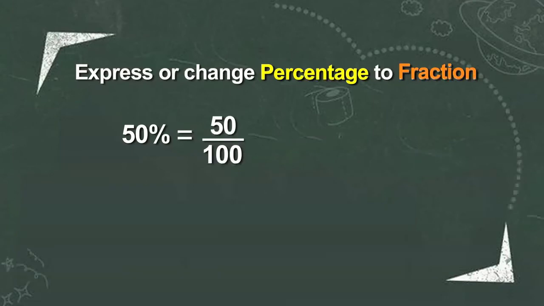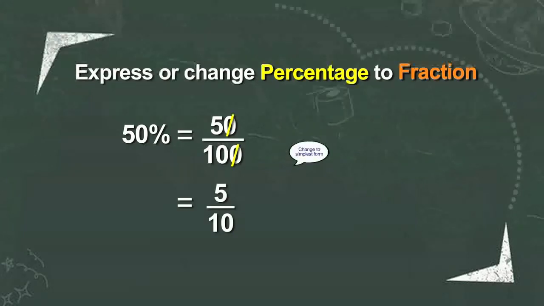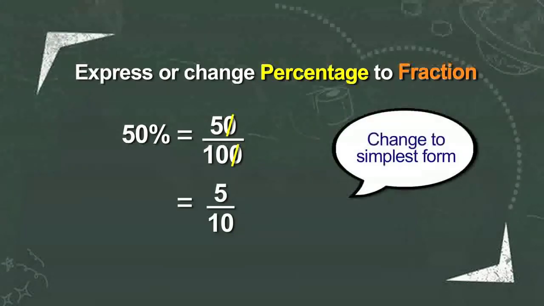We will do cancellation method. We cancel 1 0 in numerator and 1 0 in denominator. Gives you 5 out of 10. And change it to simplest form. And you divide by 5, both denominator and numerator, which gives you answer a half.